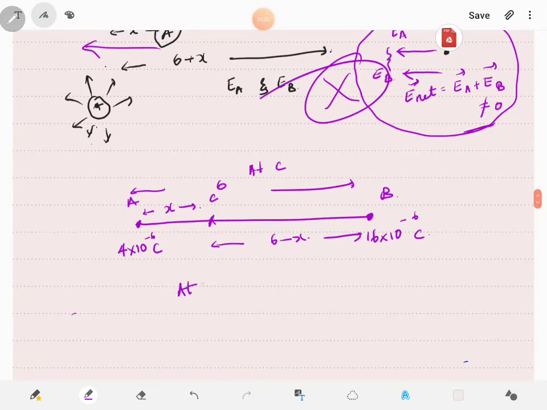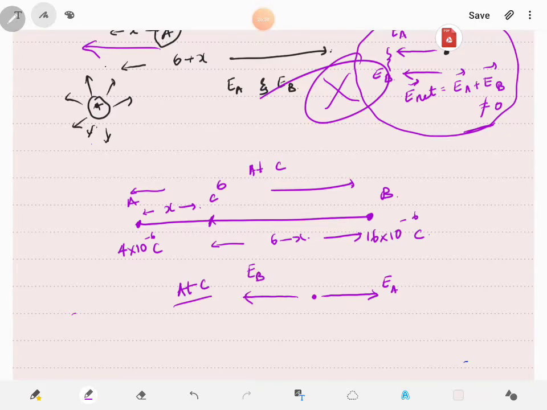Now at C, take a look at the directions of the electric fields. The electric field due to A is going to be pointing away from A because it's a positive charge. Therefore, this is the direction of the electric field due to A, onto the right hand side. Similarly, the electric field due to B is going to be pointing to the left hand side this time. Why left?